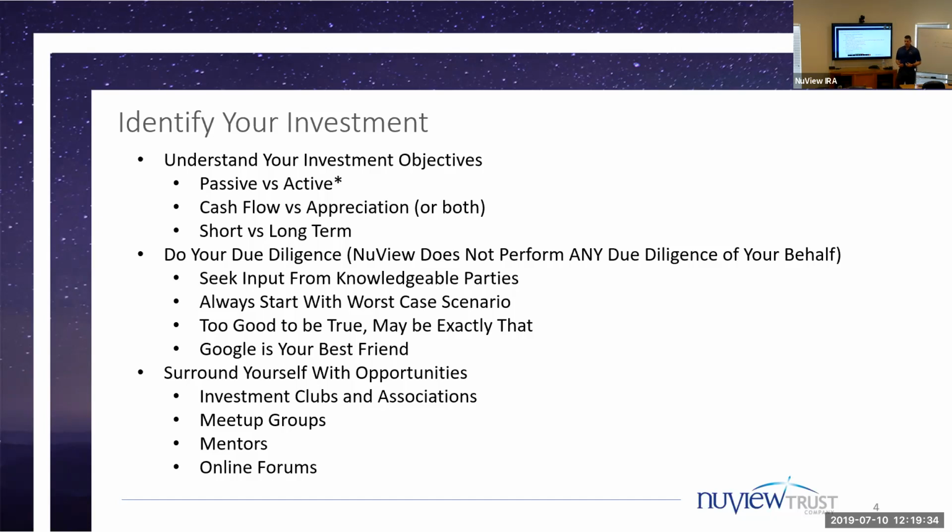One of the things that I always like to talk to people about is always start with worst case scenario, right? When you start doing due diligence. So many people say, "Oh man, I can go buy that house and I can make like 10% every year." And I think to myself, awesome. You know, I'm not invested in that personally, but okay, you can make 10%, but let me ask a question.